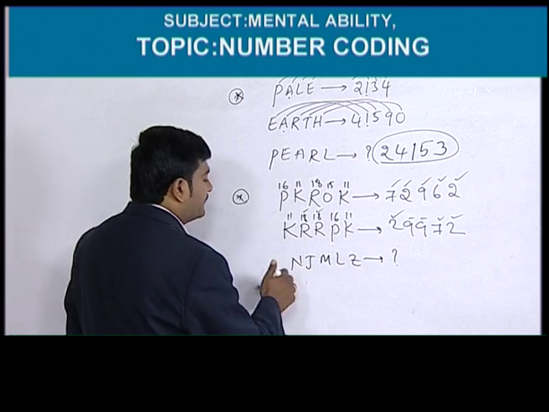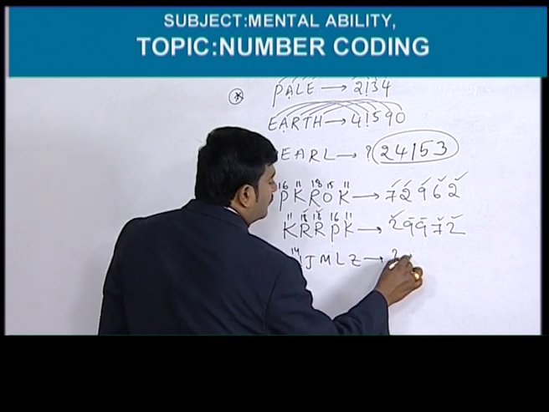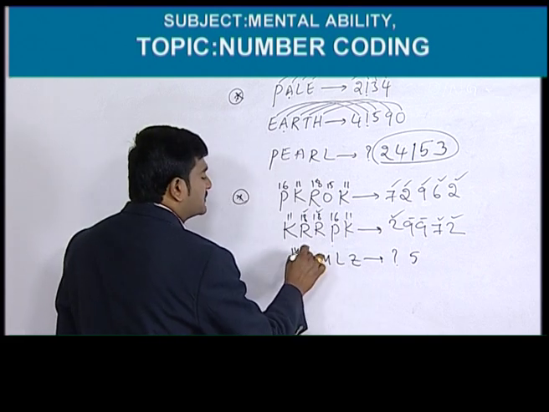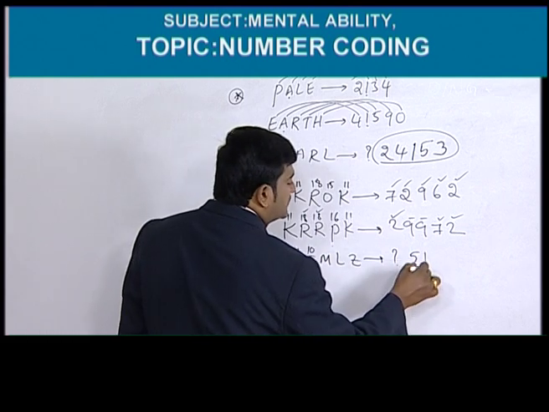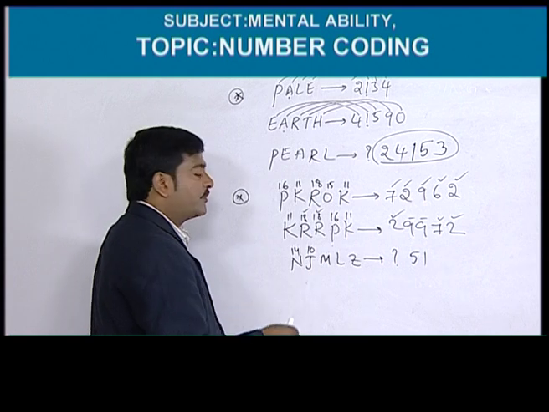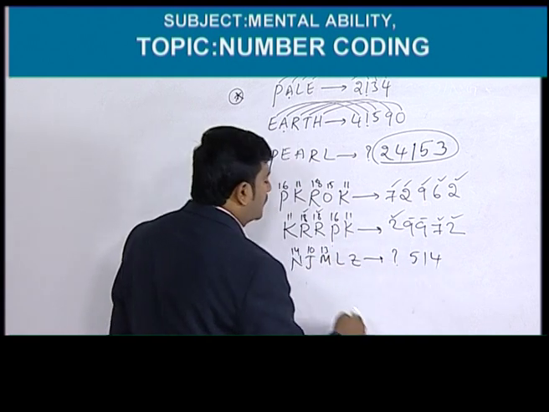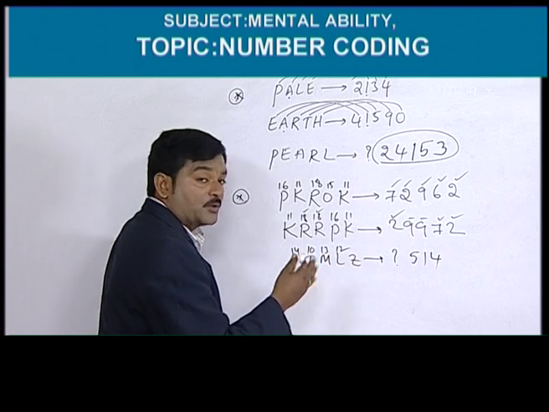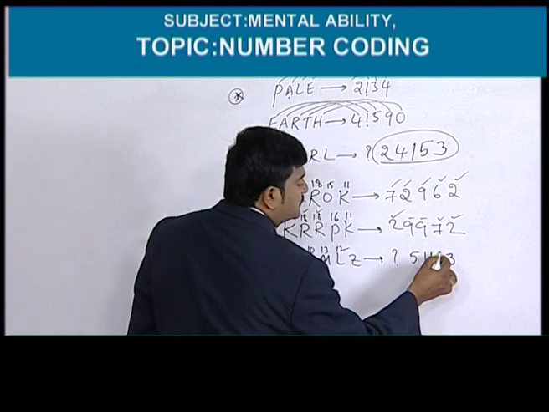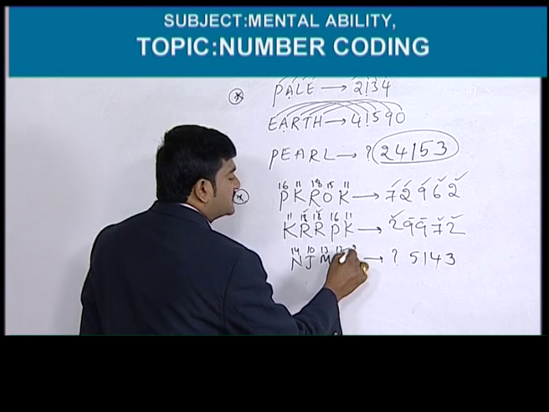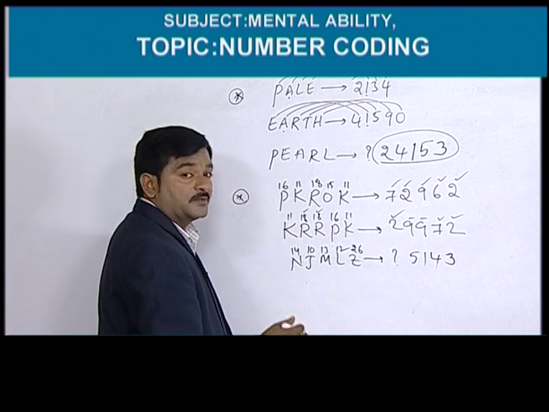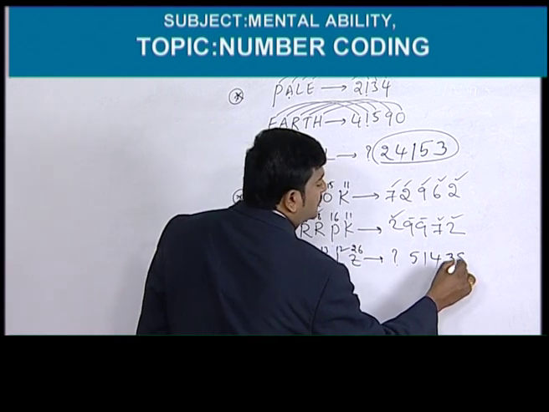So now N means what? 14. 14 means 1 plus 4 is 5. J means 10. 10 means 1 plus 0, which is 1. M means 13. So 1 plus 3 means 4. L means 12. 12 means 1 plus 2, which is 3. Similarly, Z means 26th. 26th means 2 plus 6 is equal to 8.